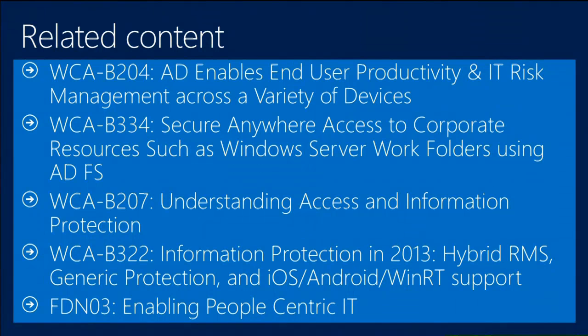Yes, please. With Workplace Join, is WAP a requirement, or can you utilize the publishing from currently UAG or TMG to do it? So to get Workplace Join to work, do you have to have the Web Application Proxy? I'll take this. Actually, yes.